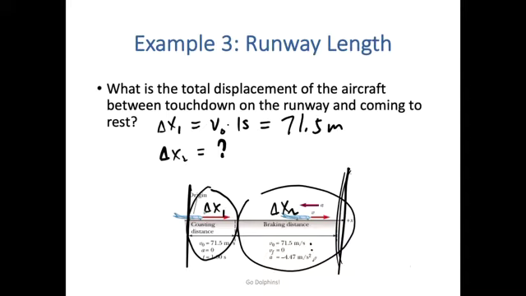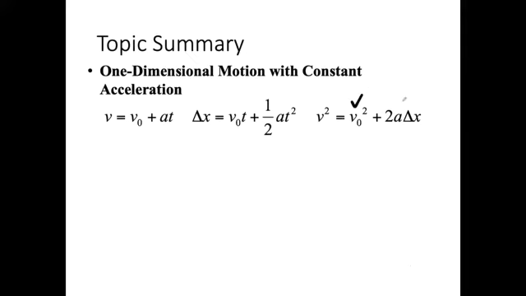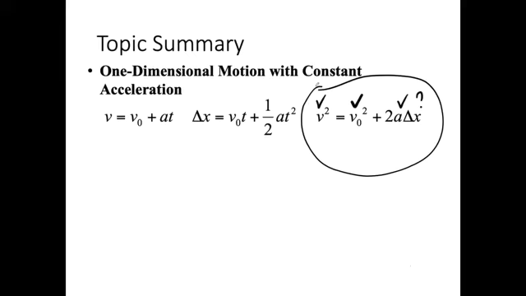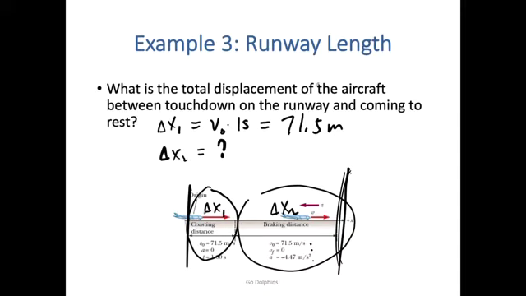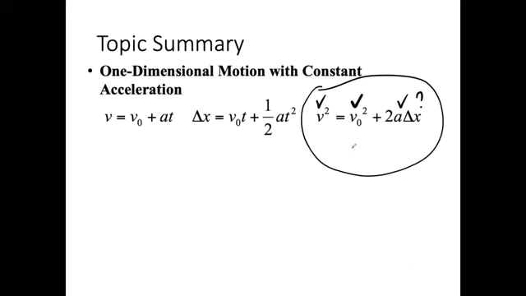Which equation should we use? Initial velocity, acceleration, final velocity. We're looking for displacement. So we choose this equation to solve for displacement, right? Using this one, we can also have displacement equal to final velocity squared subtract the initial velocity squared, divided by 2a.